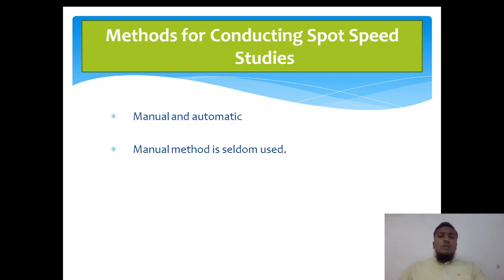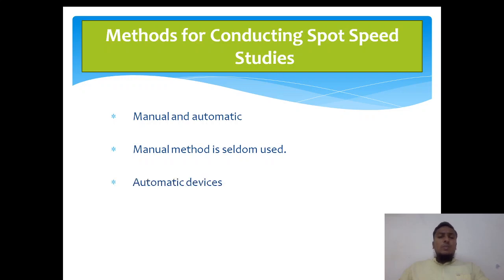So you can select 2 points on the road or on a highway. By passing the vehicle from one point to another point, obviously it requires some time, and the distance you can easily measure. So distance upon time will give the velocity, or you may call it the speed of that vehicle. The manual method is seldom used, and you know that.